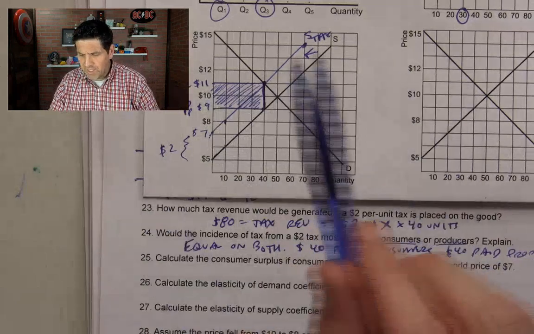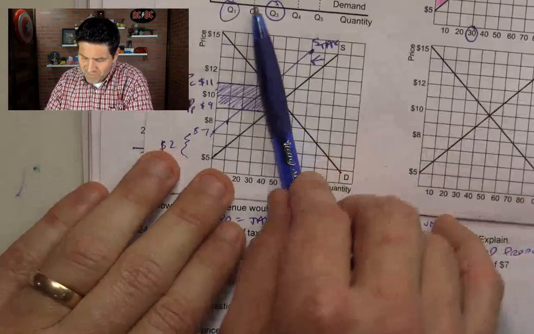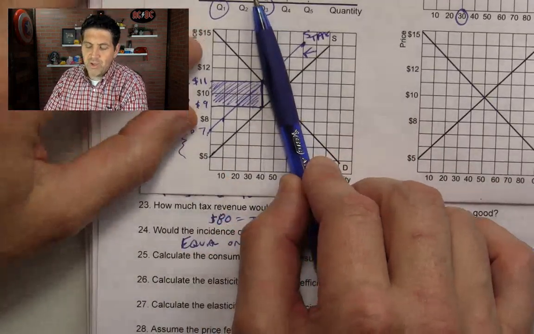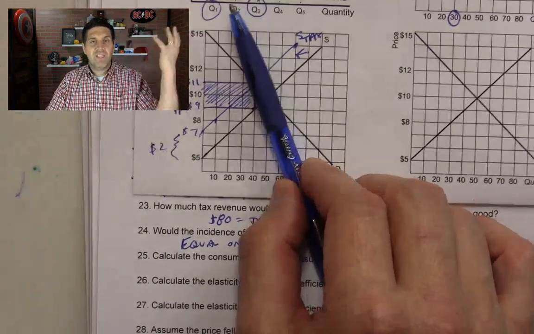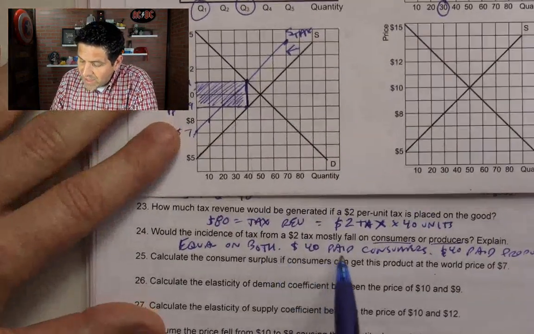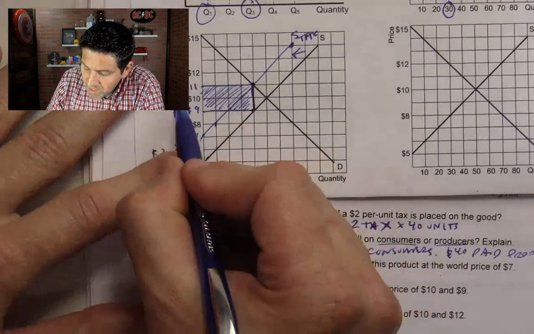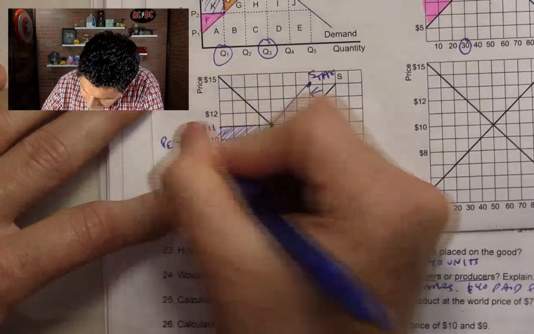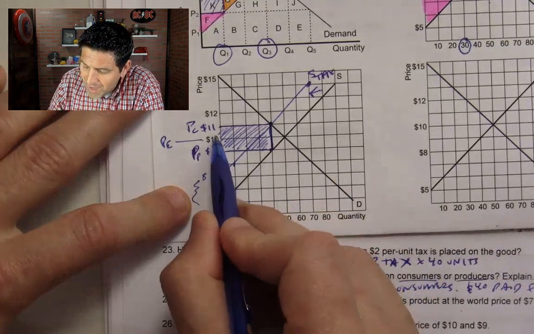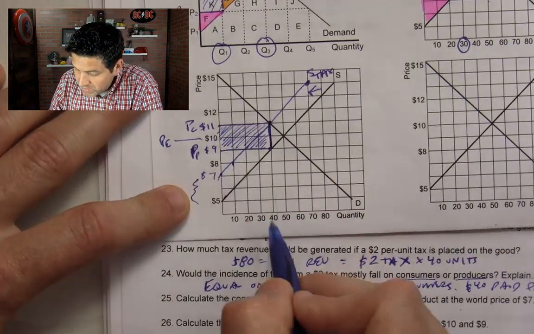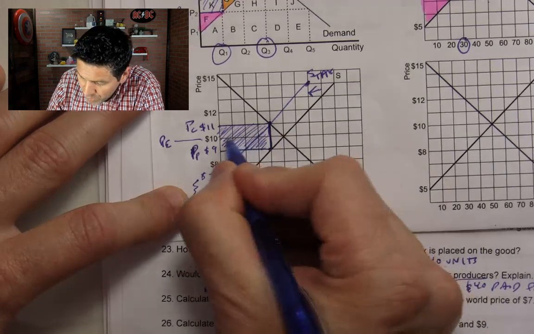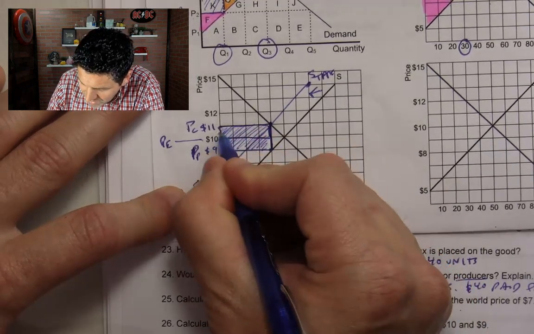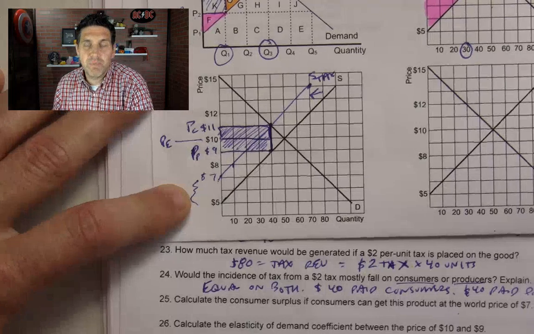So if we did these same calculations over again, except I had a demand curve that maybe looked like this, then I could do the calculation and find out, wait, consumers are paying this amount. Now, how did I know that consumers are paying 40? Well, take a look. If the old equilibrium price was 10, now consumers are paying $1 more. $1 more times 40, that means this top portion of this tax revenue box is being dug into consumer surplus.